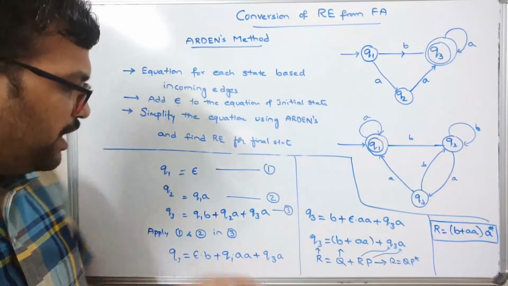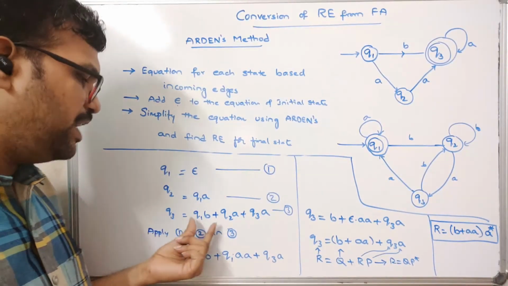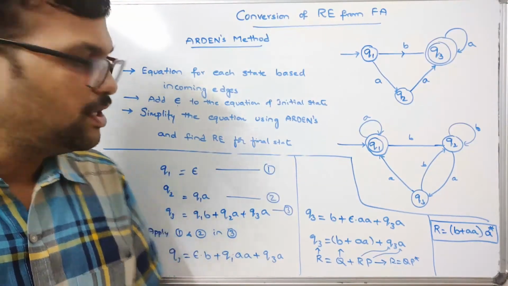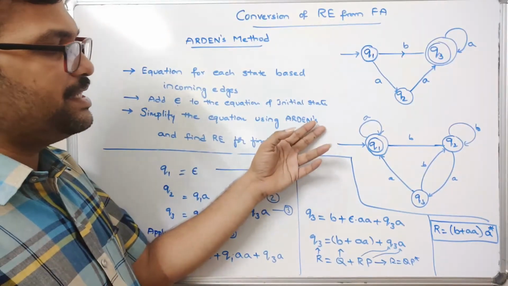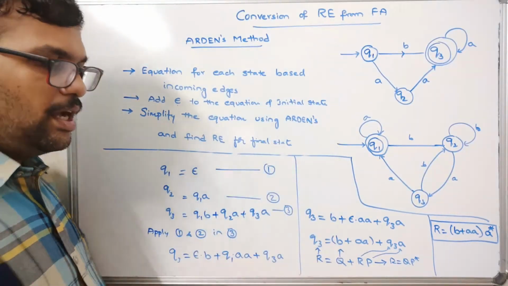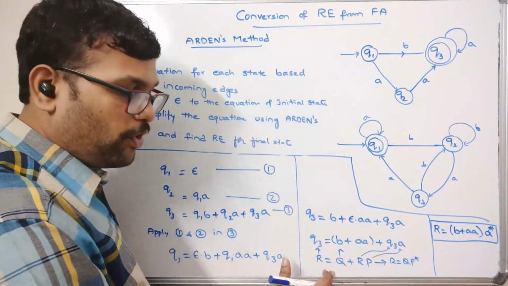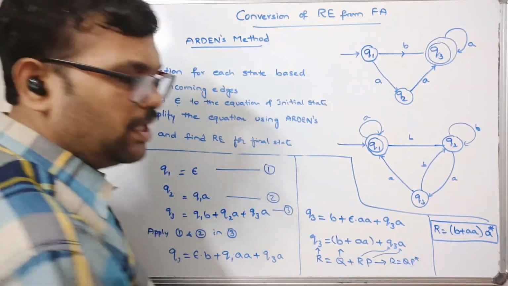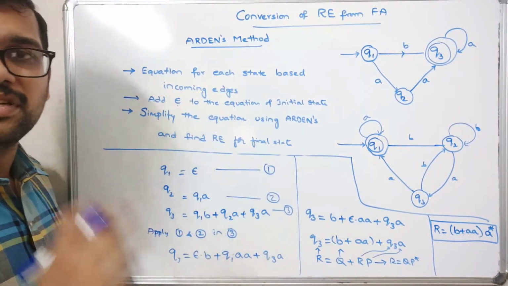Whatever the final state, the regular expression derived from this final state equation will be the final regular expression. So hope you understood this procedure, right? And this is called Arden's theorem method, because we are making the equation in the Arden's theorem format, that means R is equal to Q plus RP format, so that we replace it with QP star.